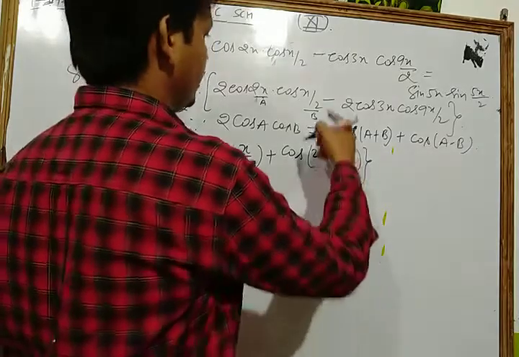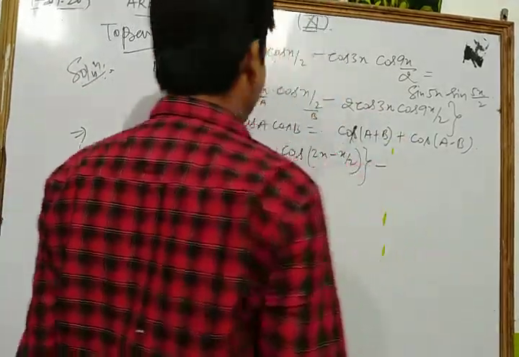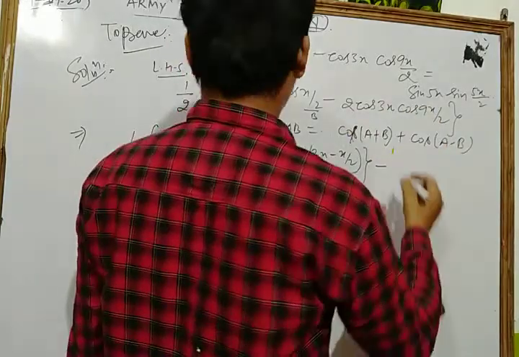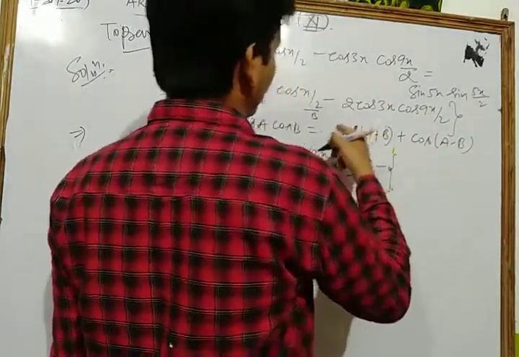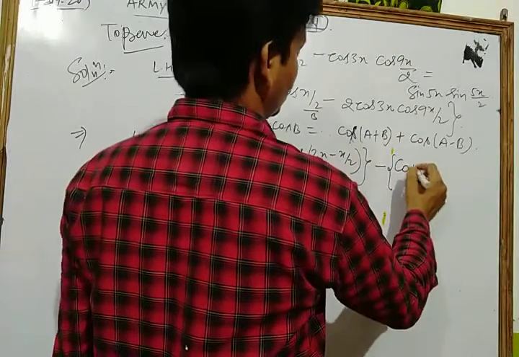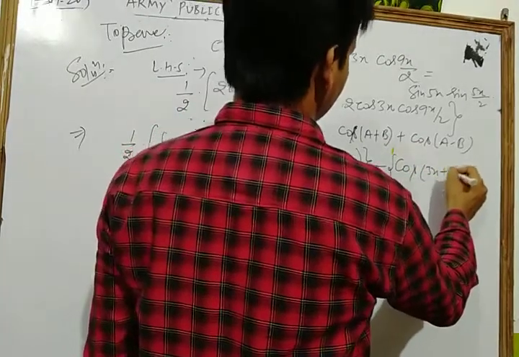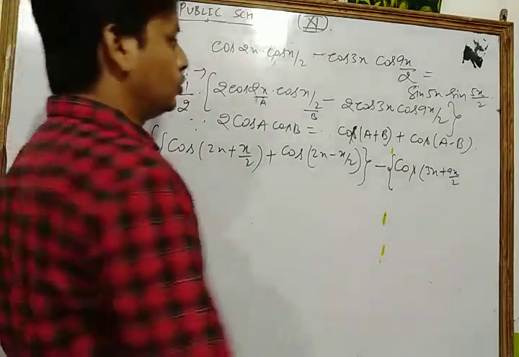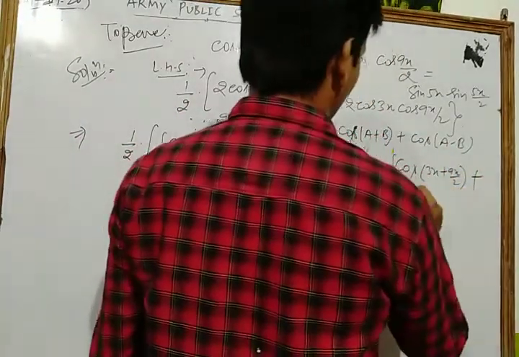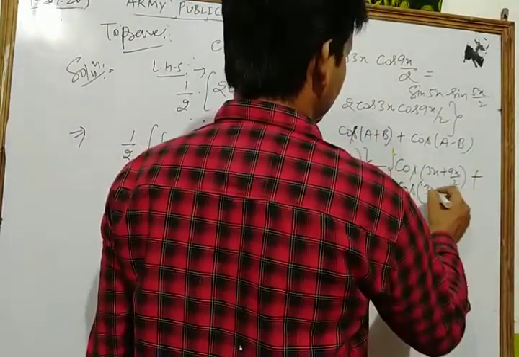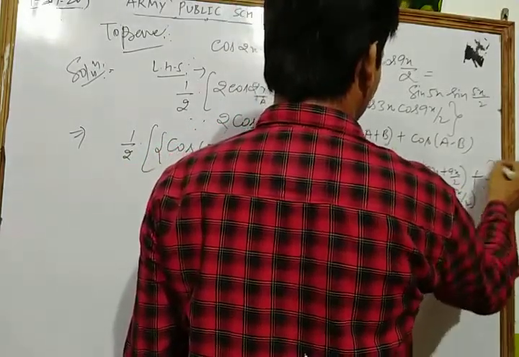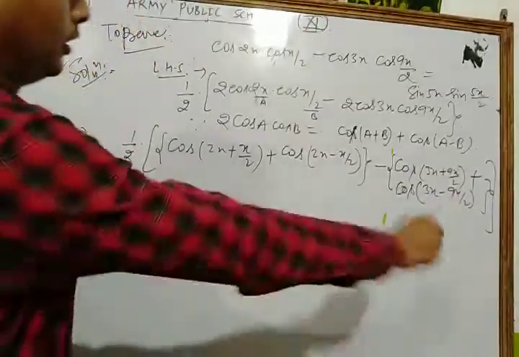Okay, now here we take the minus sign. Again we apply the formula 2 cos a cos b in that part. Then we get what? Cos (a plus b), that is cos (3x plus 9x by 2), plus cos (a minus b), that is cos (3x minus 9x by 2), and close that bracket.